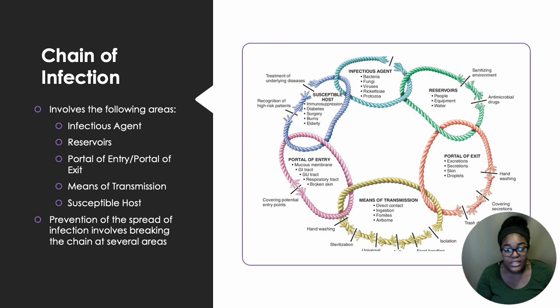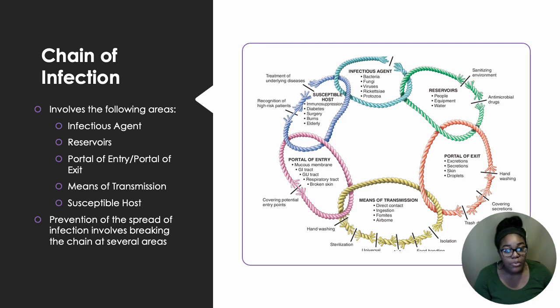As far as ingestion, you want to make sure that there's safe food handling. Again, your means of transmission is how this infectious organism moves through the portal of exit to the portal of entry within the next individual.